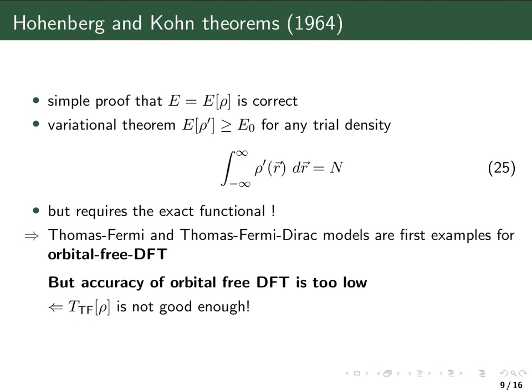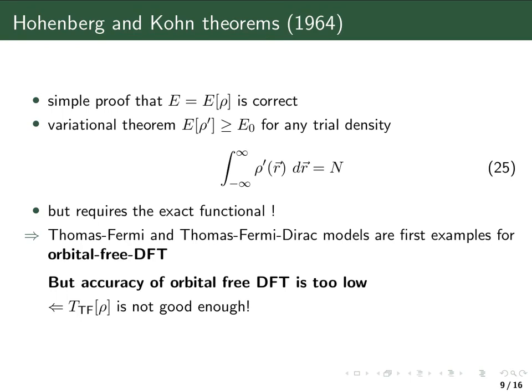which says that if one calculates the energy with a trial density, then the energy one obtains will always be larger or, in the best case, equal to the exact energy. And it will only be equal to the exact energy if one, by any chance, used the correct density.